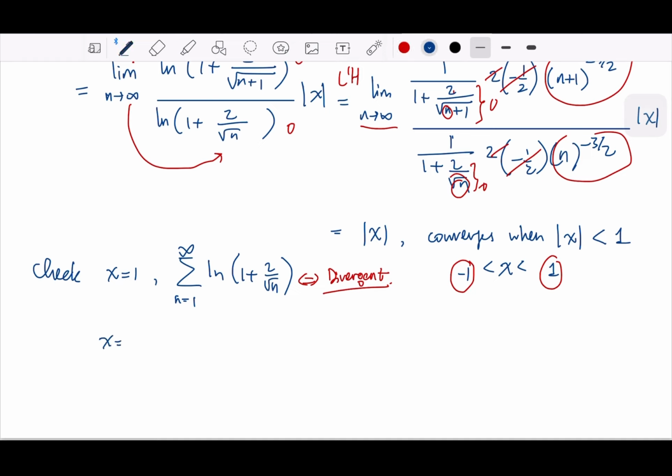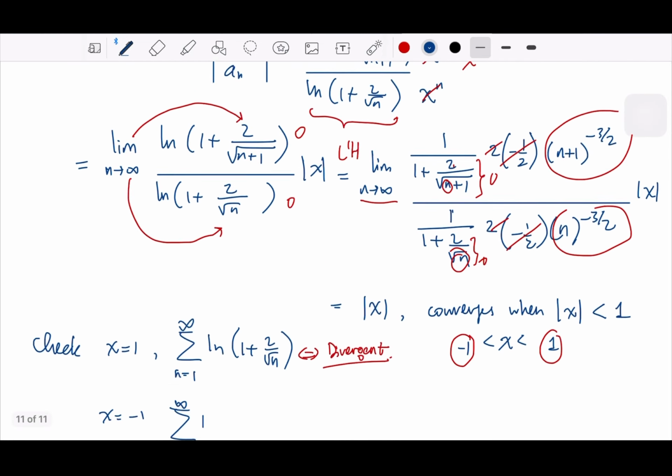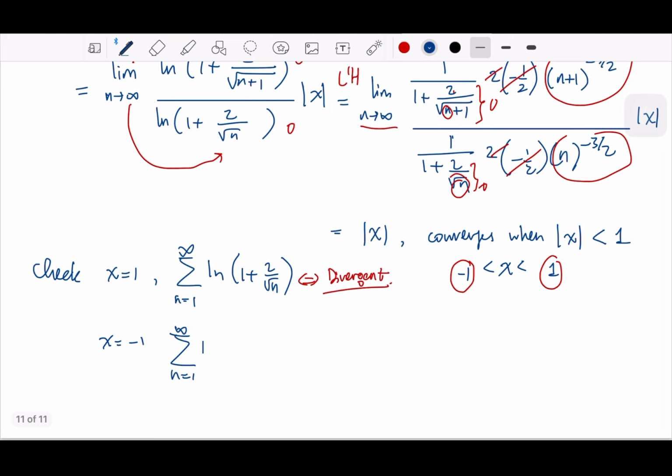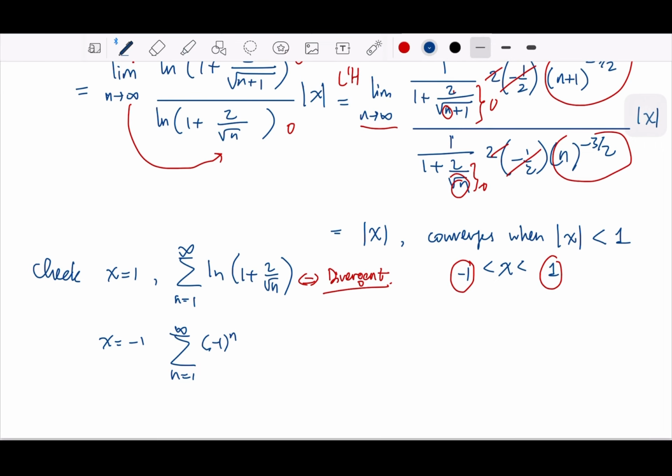And check x equal -1. If this is -1, then we'll have an alternating series, -1 ln. Okay.